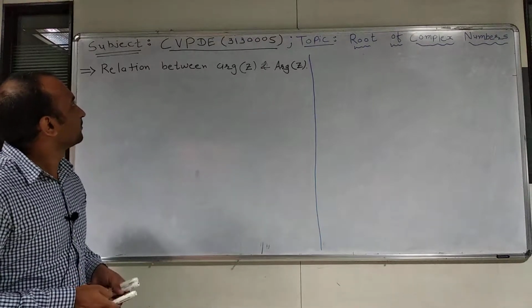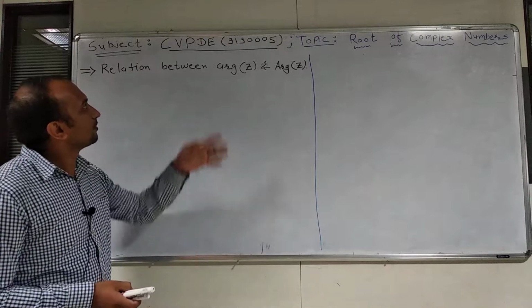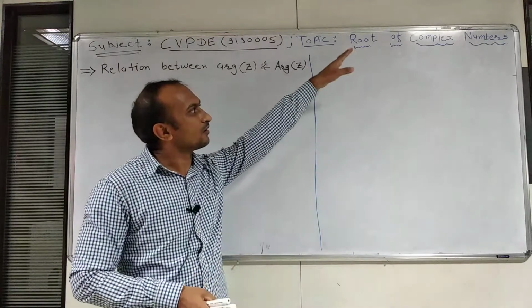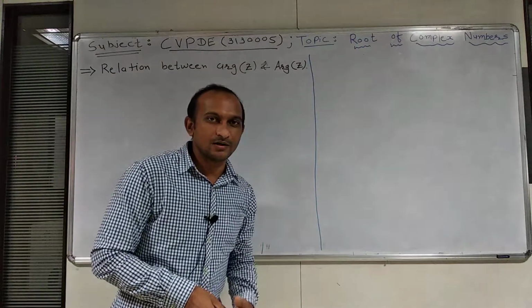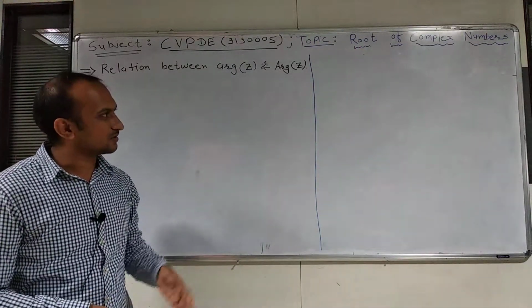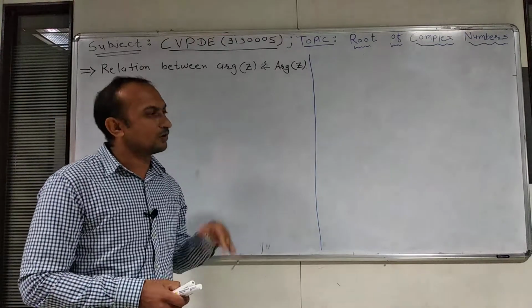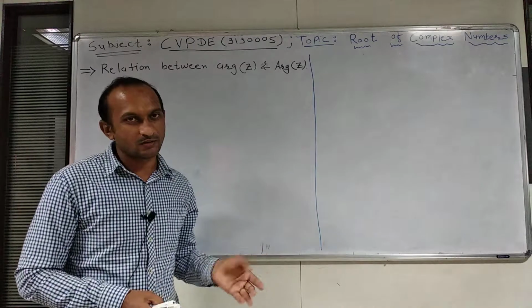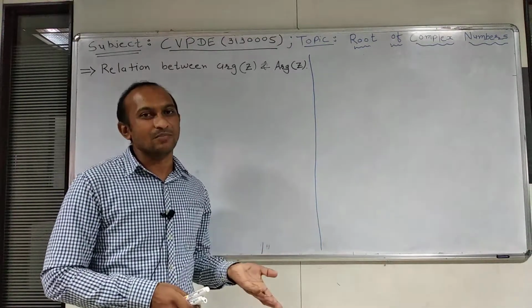Now, in my previous videos we covered CVPD. Now we discuss a new topic: root of a complex number. Root of a complex number means the nth root of any number. We know that a complex number is any number.